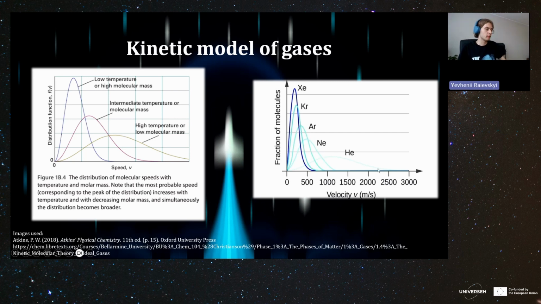And helium, of course, is the second lightest element in the universe, and you see that for helium, the first thing you can observe is that this range of molecules with high velocity is very big, because for xenon, krypton, argon you have very sharp peaks. For helium, you just have this smooth distribution.